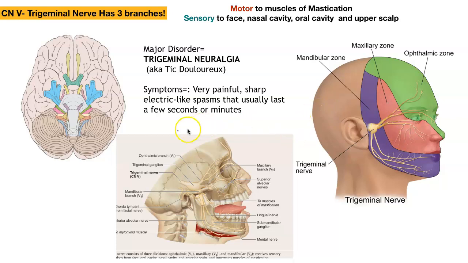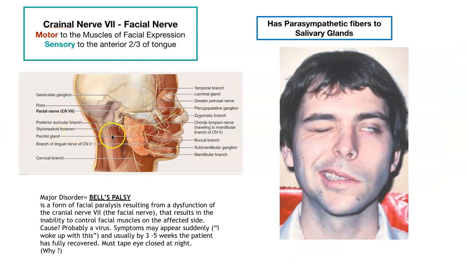So we've already done 6. Remember, 3, 4, and 6 were motor to the eyes. So we're going to skip to 7. Cranial nerve 7, facial nerve. Now, for some reason, a lot of people get the facial nerve mixed up with the trigeminal nerve, maybe because they're both going to the face in some way.